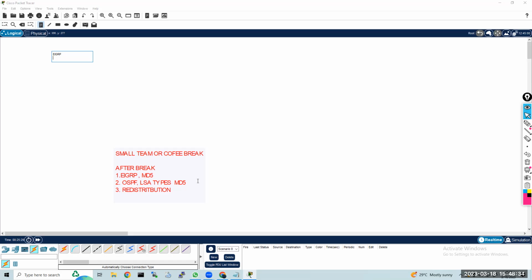So the long form of EIGRP is written. Okay, that is one. Some of the important points I want to emphasize. This is an advanced distance vector protocol. We also call it hybrid.